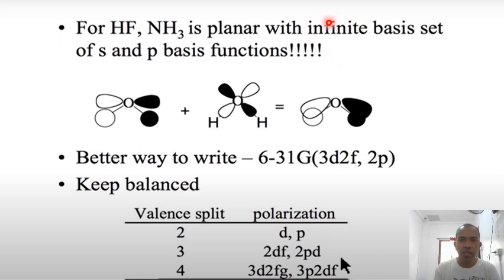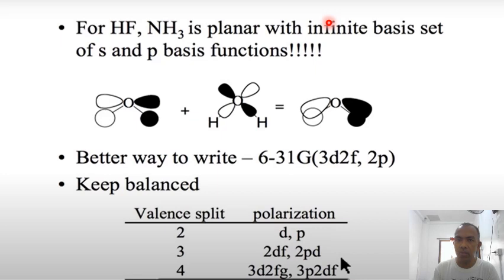So it has the effect of bending, polarizing the p orbital of oxygen towards the two hydrogen atoms, and of course that gives us the better overlap.